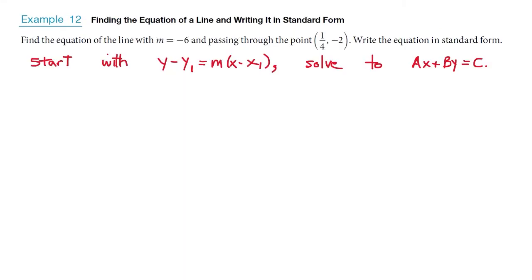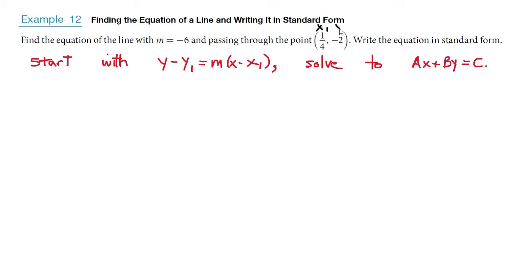In example 12, we are given a slope and a point and told to write the equation of the line in standard form. So we have to start with the point-slope form and solve it until we get to the standard form. The slope is m equals -6, and it passes through the point 1/4, -2.